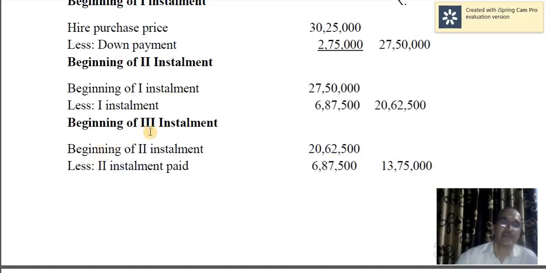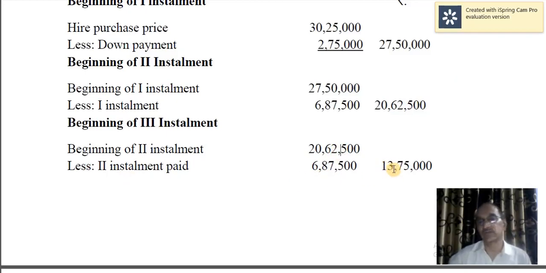To calculate the outstanding hire purchase price at the beginning of the third half-yearly installment, you have to take the outstanding at the beginning of the second half-yearly installment, that is 20,62,500. You have paid the second installment.